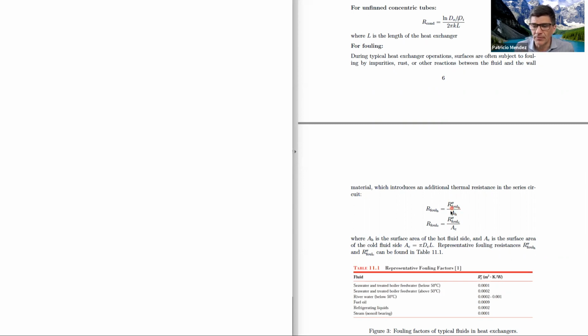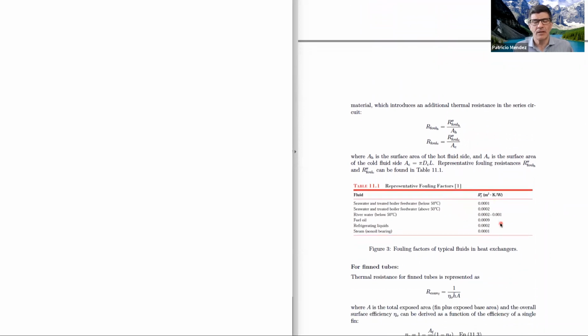So we need to divide by the area of the hot side. We have already seen this. The trick here is not to get confused. So the total resistance is R double prime divided by area. And for R double prime, I'm giving you some tabulated values here from the book.